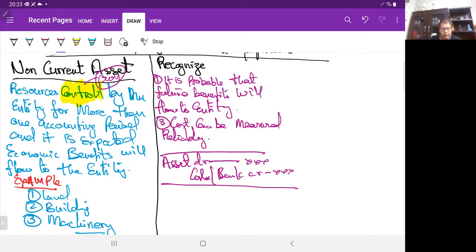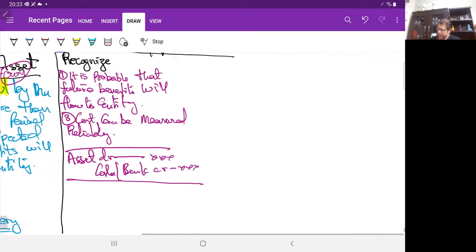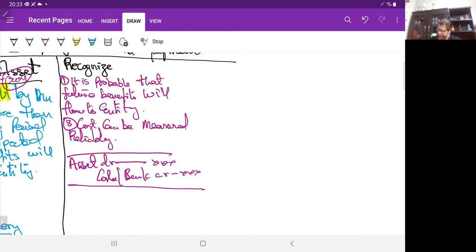Now, the next thing we need to look at is initial cost recognition.